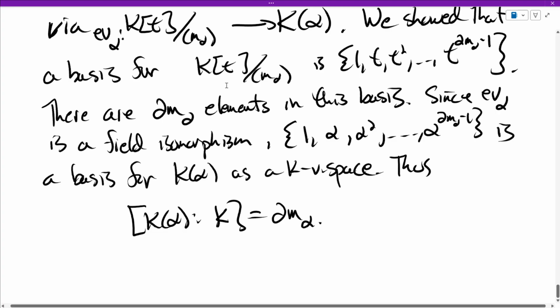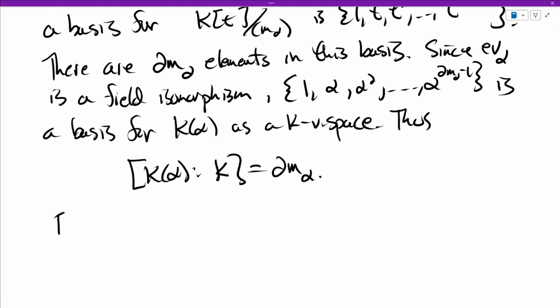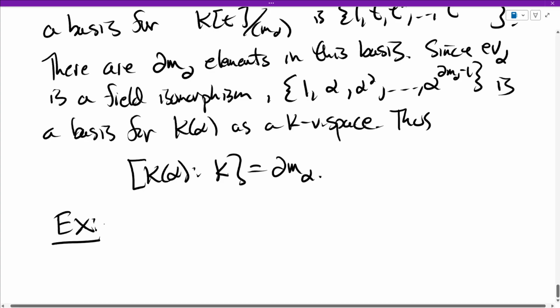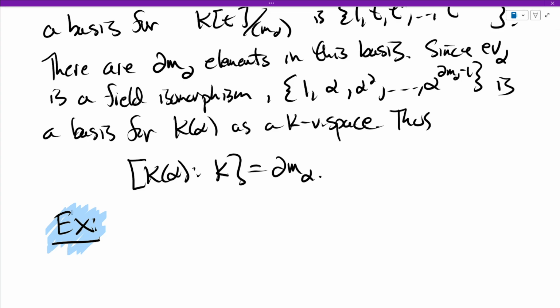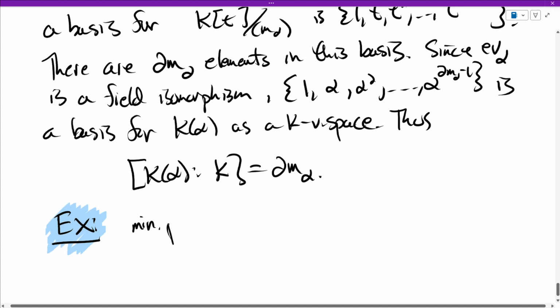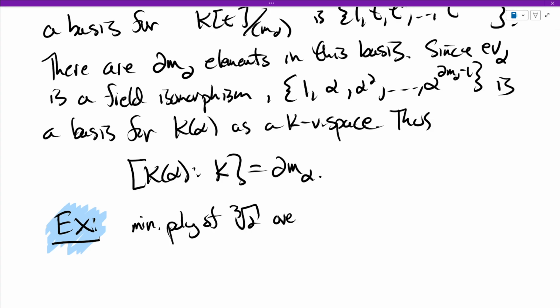All right, so for example, we saw that the minimal polynomial of the cube root of 2 over Q is t cubed minus 2. Why is that? Well, t cubed minus 2 is irreducible over Q by Eisenstein's criterion, and it's monic, so therefore it is the minimal polynomial.